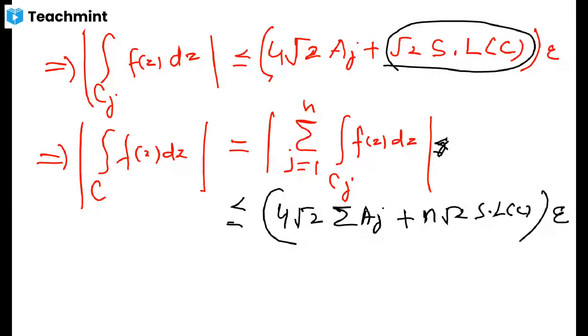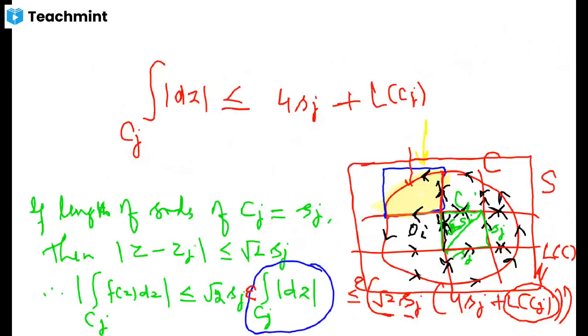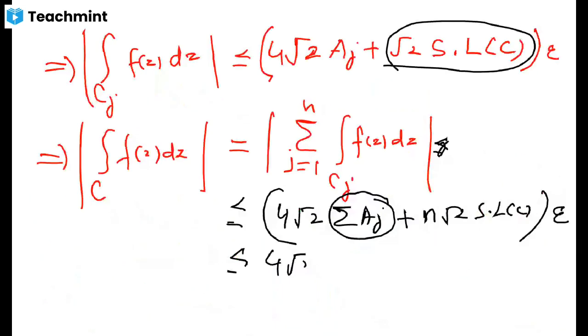Now this is the sum of the areas of these squares, and see that the sum of the areas of these smaller squares or partial squares cannot exceed the area of this larger square. So this has to be less than or equal to 4 times root 2 area of the large square A plus n times root 2 s times length of curve C times epsilon.